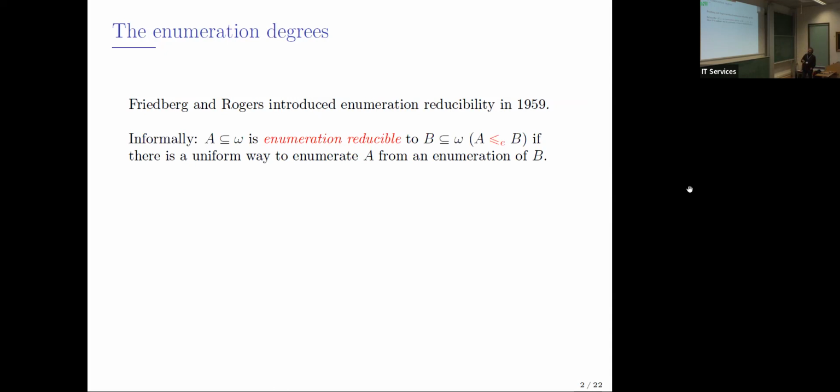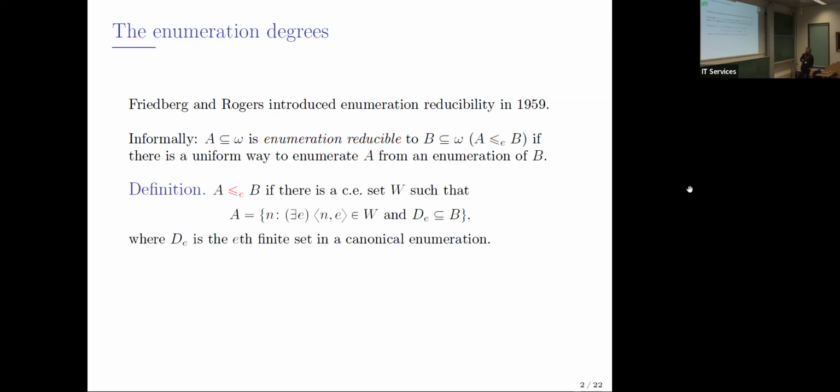That uniformity can actually be dropped. It's enough to say that every enumeration of B is Turing above an enumeration of A, which is kind of interesting. And I'll just mention that later. It won't have anything to do with the talk in general.